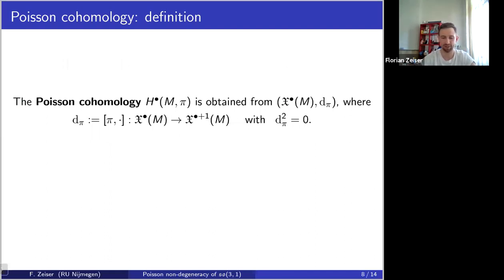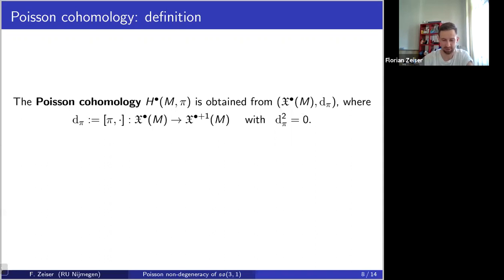We have the Schouten-Nijenhuis bracket, which is an extension of the Lie bracket to multi-vector fields. We plug pi into the first slot, and it gives an operator which increases the degree by 1 on the multi-vector fields. The fact that pi is Poisson implies that it squares to 0. So this complex is actually a cochain complex, and we get a cohomology, which we call Poisson cohomology.